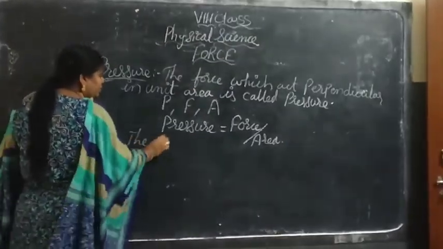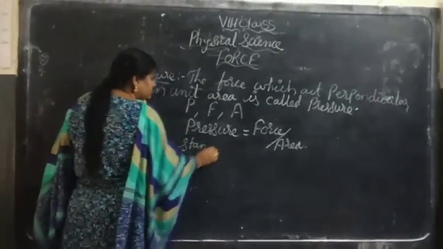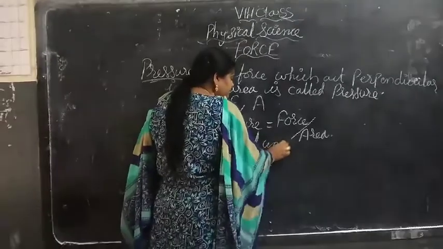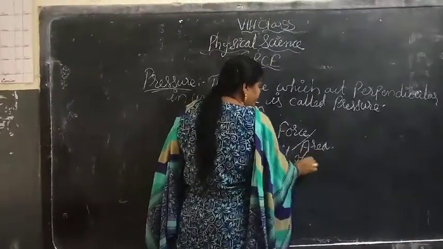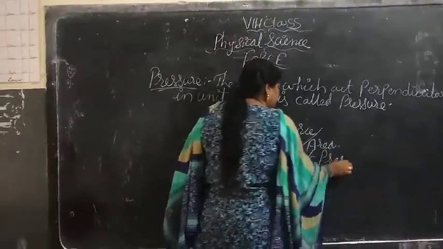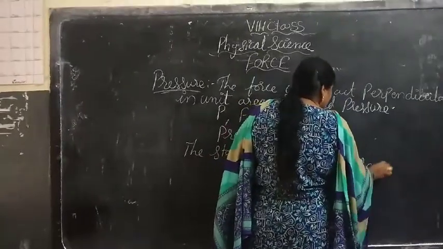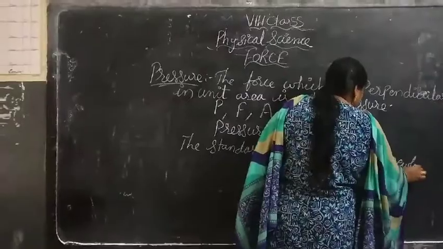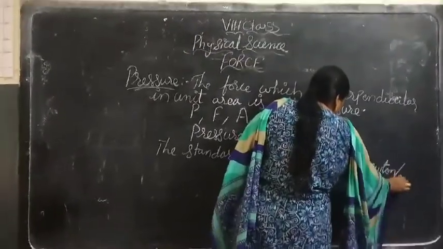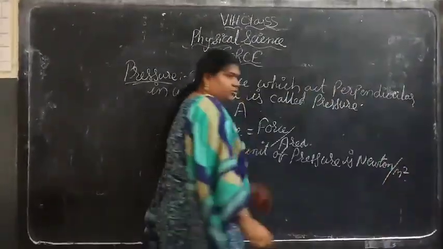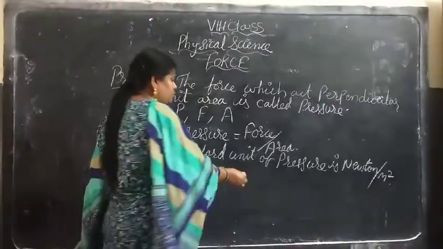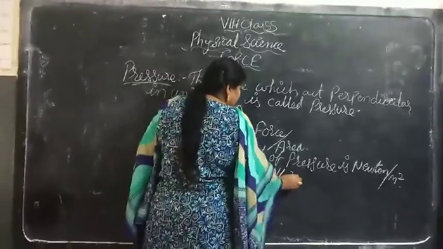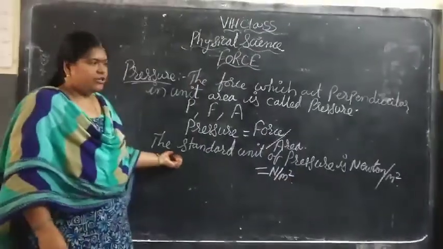The standard unit of pressure is Newton per meter square. Otherwise you can denote it as N by M square, called the standard unit of pressure.